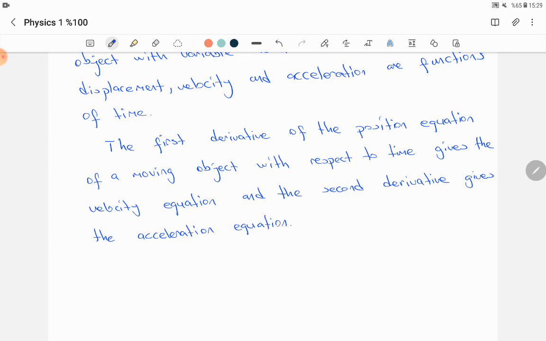And all of these equations depend on the time.